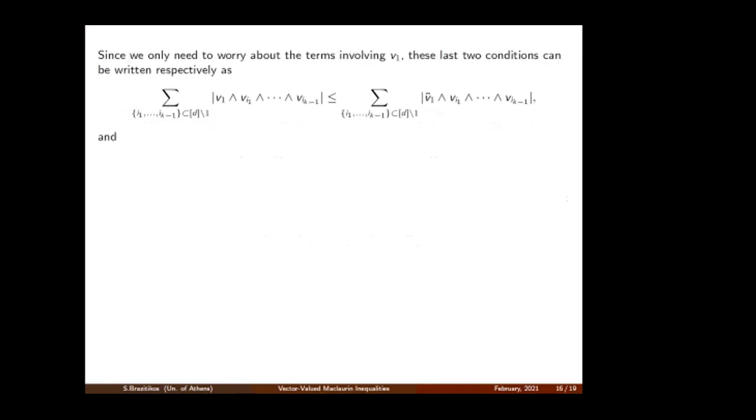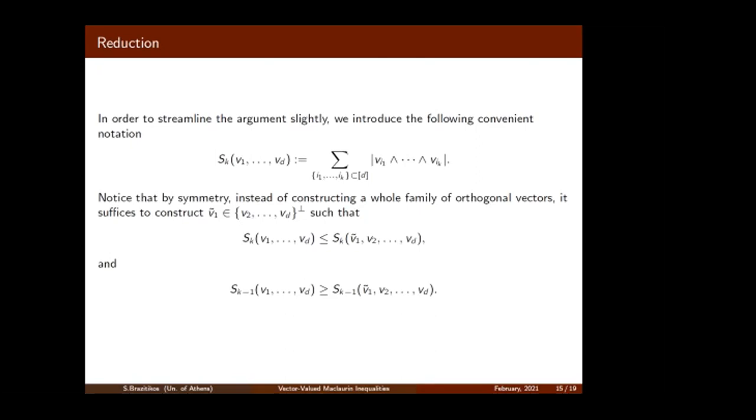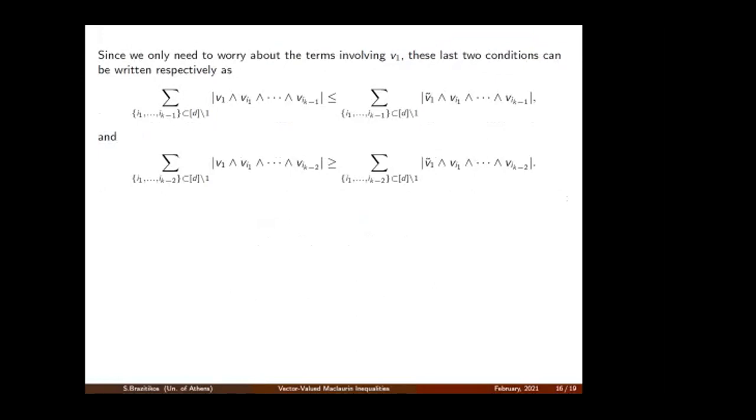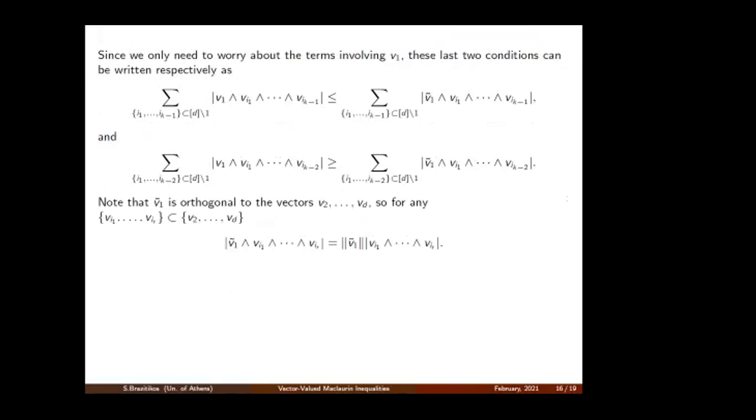Okay, so let's write down what is this condition and what is the other condition. The first condition is exactly this one, and the second condition is exactly this one. Note now that v1 tilde is orthogonal to the vectors v2 up to vd.